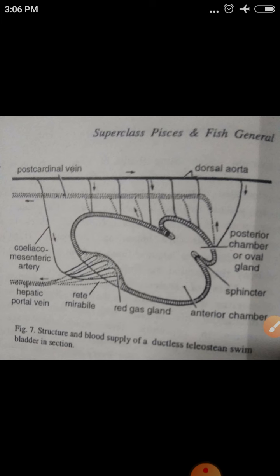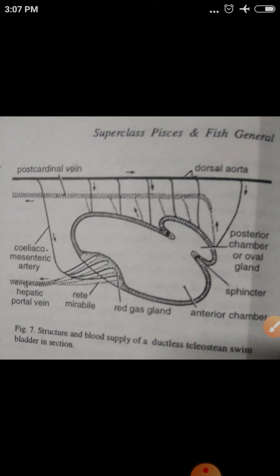The circulation of air inside the bladder causes the vibration of incomplete septa, which in turn produces sounds. Sound may also be produced by compression of extrinsic and intrinsic musculature of the swim bladder. So this is the third function, sound production.